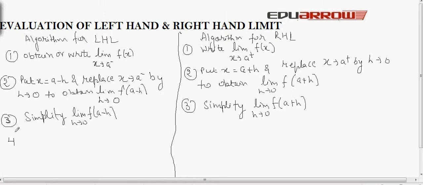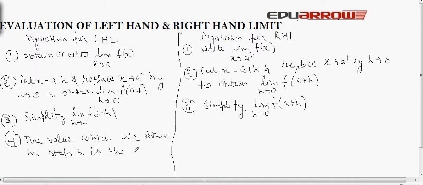Next step is the value which we obtain in the above step, that is step 3, is the left hand limit of f(x) at x equal to a.